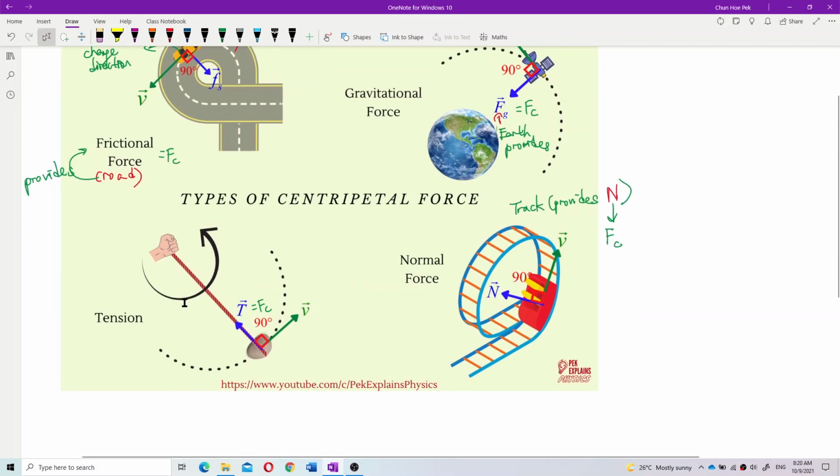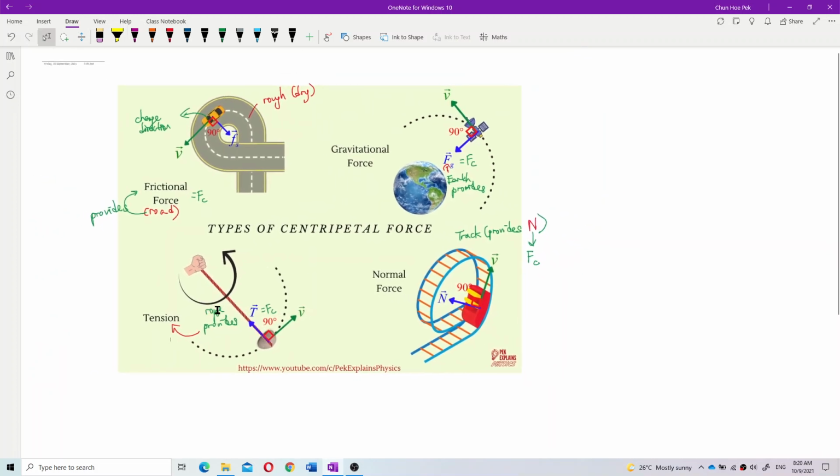Like this one, the rope provides the tension force, which becomes the centripetal force for the stone to move in a circle.